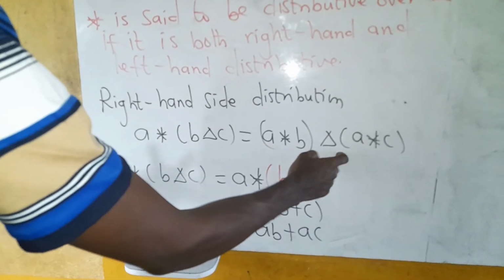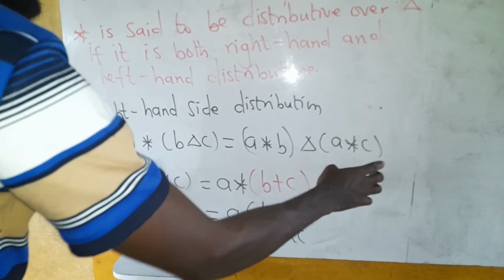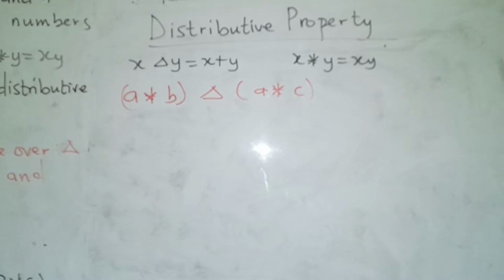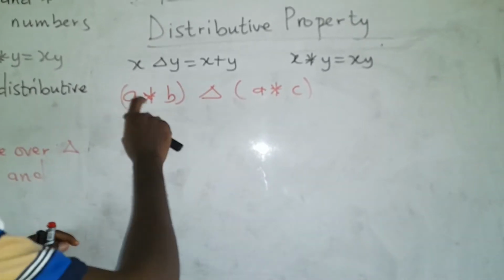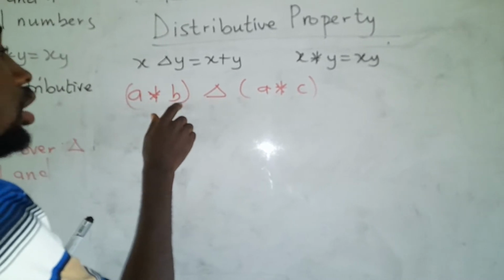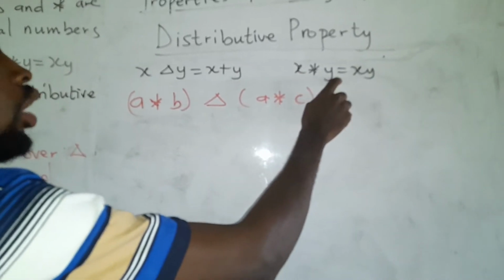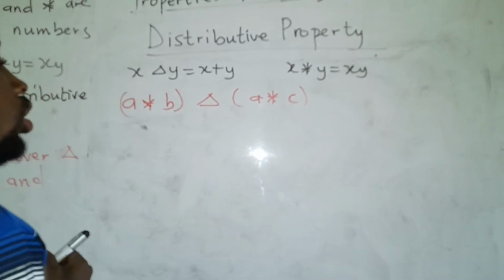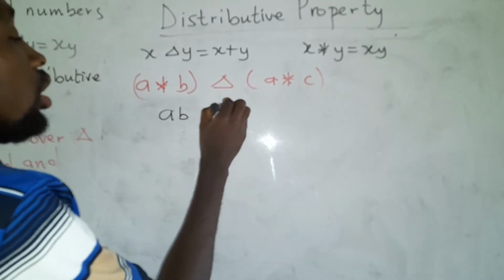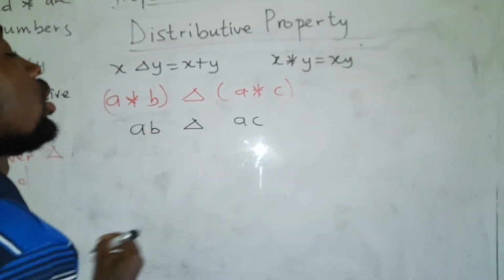Now we take the other side too, that's (A star B) delta (A star C), and prove it. So A star B means in star, any place we see X, we substitute A, and Y we substitute B. So we have A star B will be AB, then A star C will be AC.